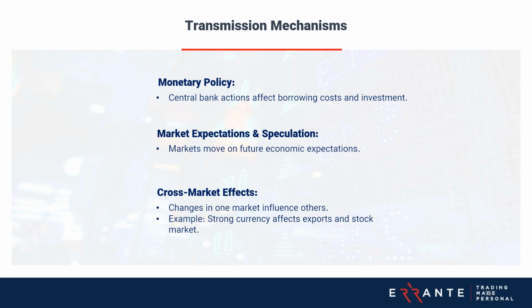So it has an impact on currency and trades around the world, because a strong domestic currency can make exports more expensive for the country, affecting the profitability of export-driven companies. In that case, changes in commodity prices can impact currencies of commodity exporting countries, and that can create very great trading opportunities for traders.